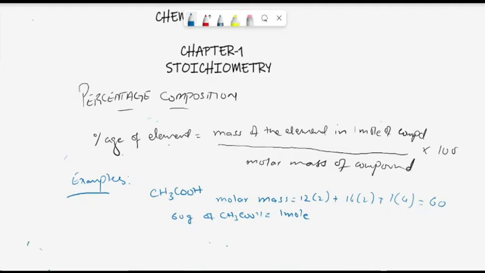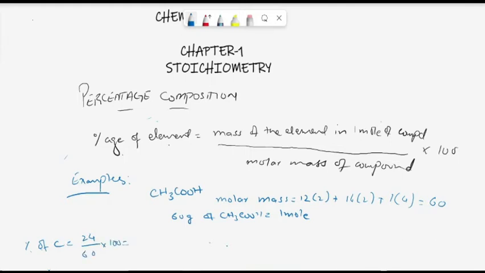So let's calculate the percentage of carbon first. 60 grams of acetic acid has 24 grams of carbon because there are two carbon atoms. One atom is equal to 12 grams. So 24 grams of carbon divided by 60 multiplied by 100.